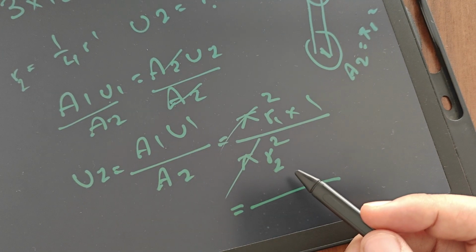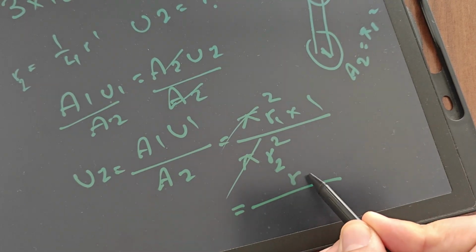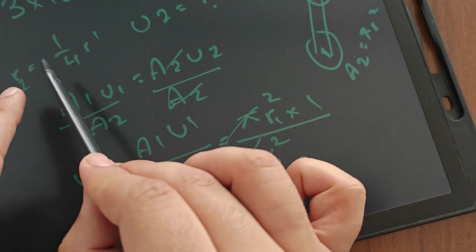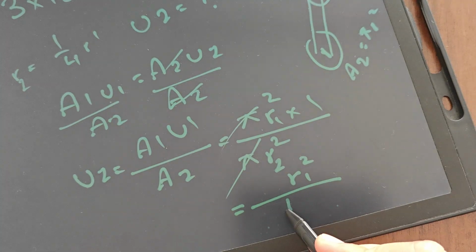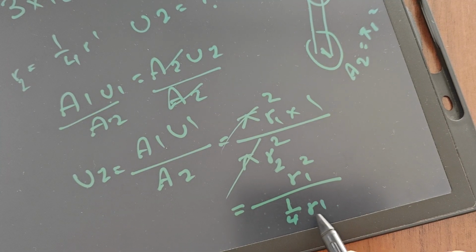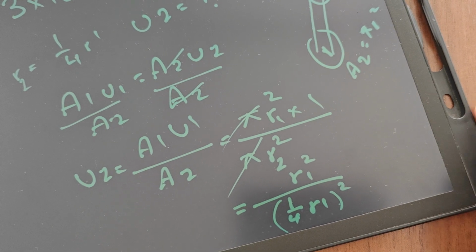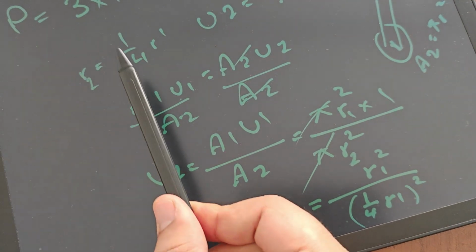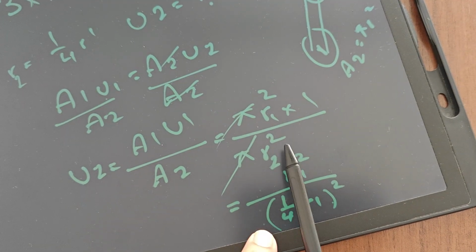We write R1 square over R2 square, but since R2 is equal to 1/4 R1, instead of R2 write 1/4 R1, and because it's squared, all of it is inside the square.